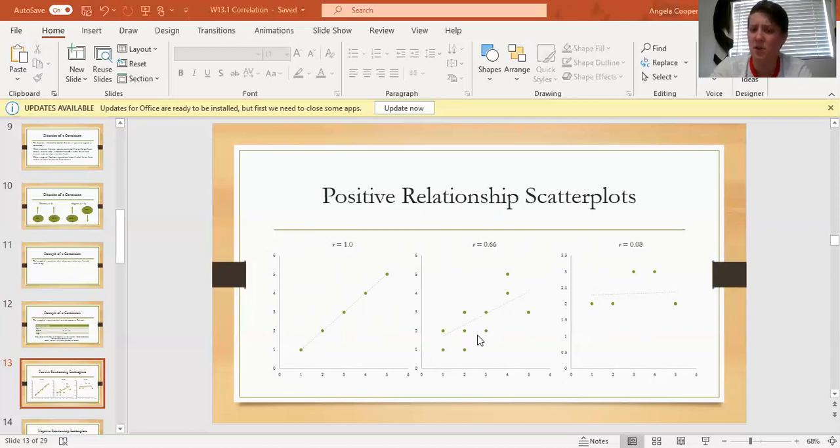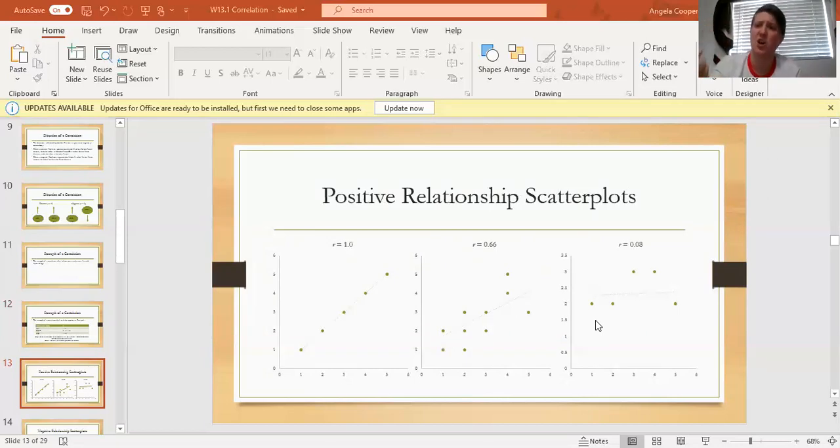But they are still huddled relatively together, as opposed to r equal to 0.08, excuse me. You notice that the points are just kind of all over the place. I find that it's easy to think of the weaker the relationship of your Pearson's r, so again this 0.08, they're just kind of all over the place.